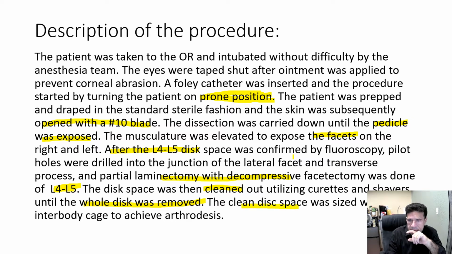Okay, the cleaned disc space was prepared for the interbody fusion device, which is the cage. Right? So you have a cage right here for the arthrodesis. Arthrodesis and fusion, same thing. Alright? So right here, up to here, we have a posterior approach, we have a discectomy, and then getting ready to insert a device.